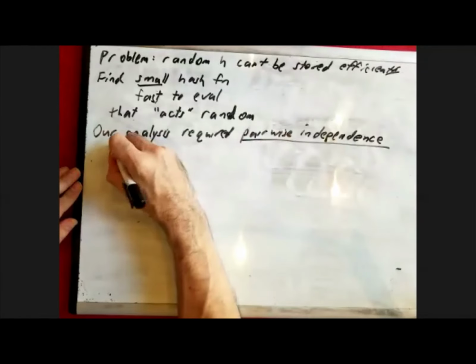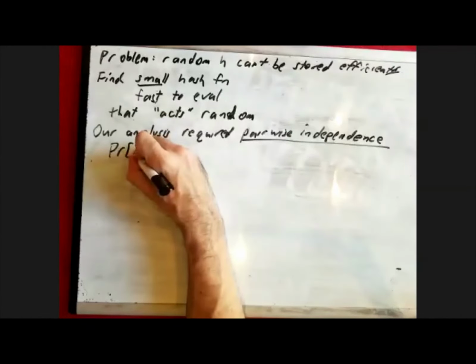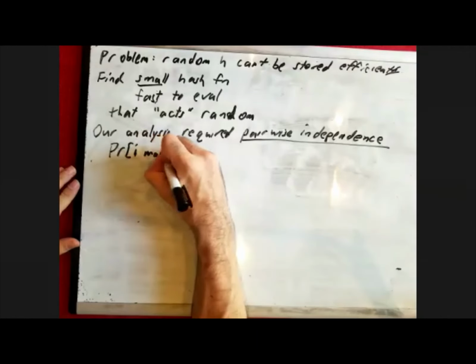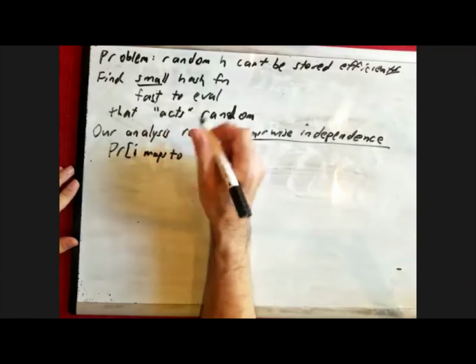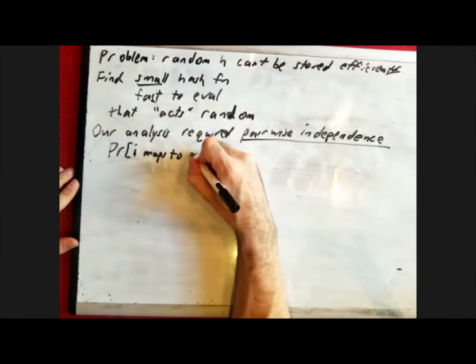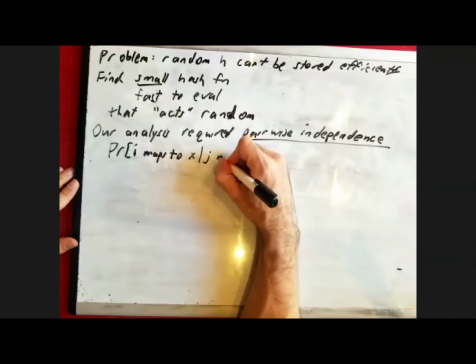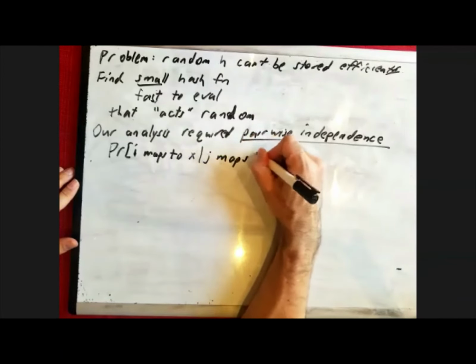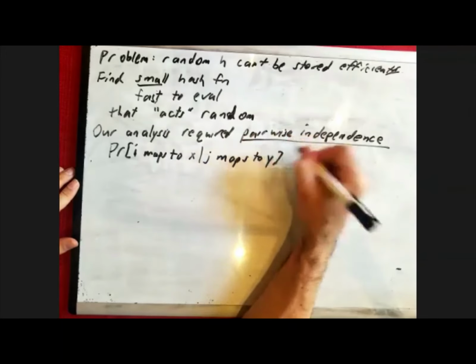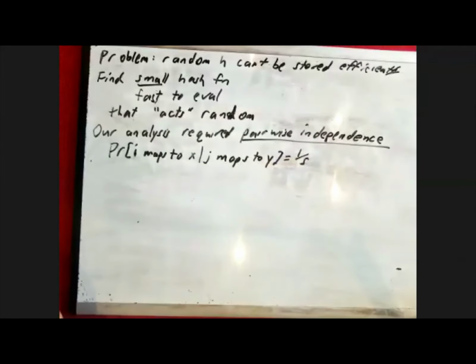Which is to say that the probability that some first key maps to X conditioned on some other key mapping to Y should be equal to 1 over S. That was the crux of our expectation analysis.